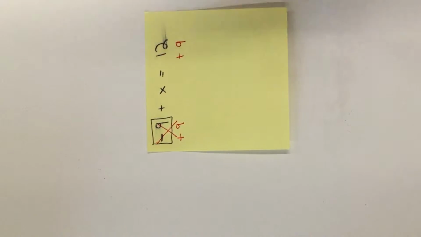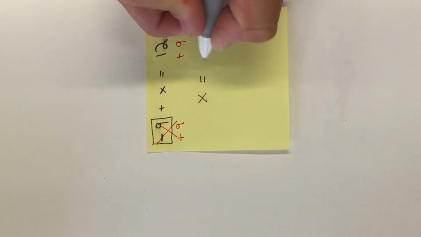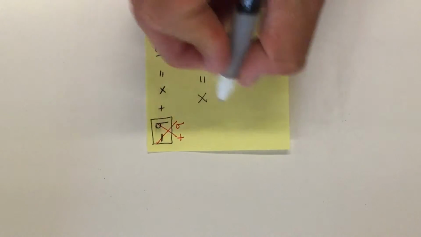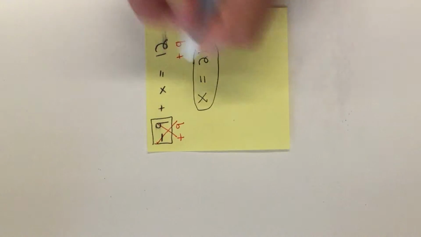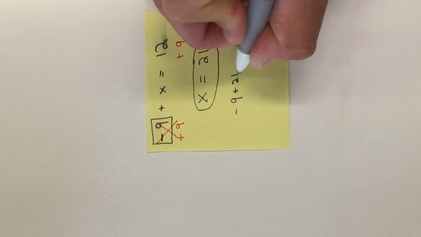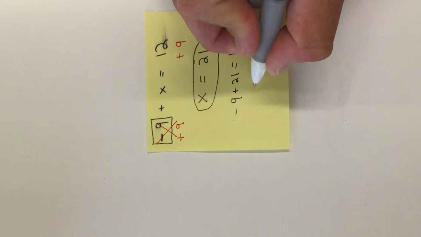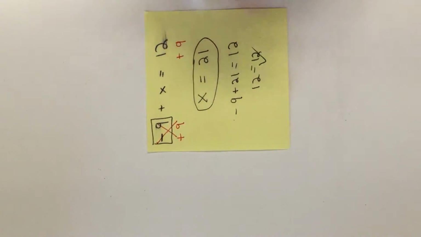You'll do that to that side, and you'll then get x is equal to, oh, Mr. Small almost botched that one, 21. Okay, negative 9 plus 21 equals 12. Indeed, when you take away 9 from 21, you get 12.